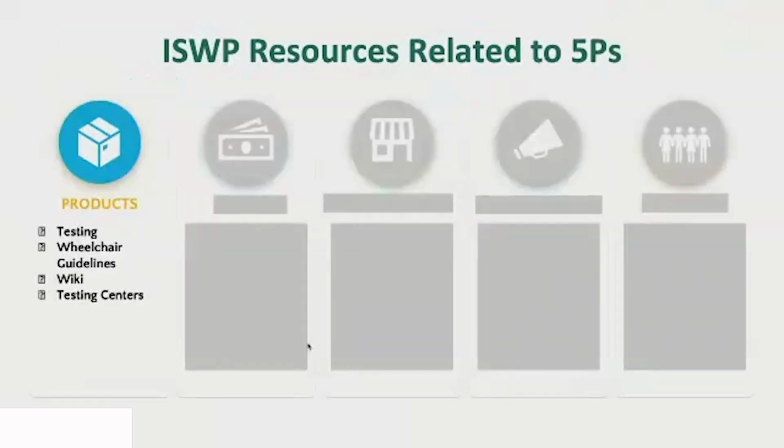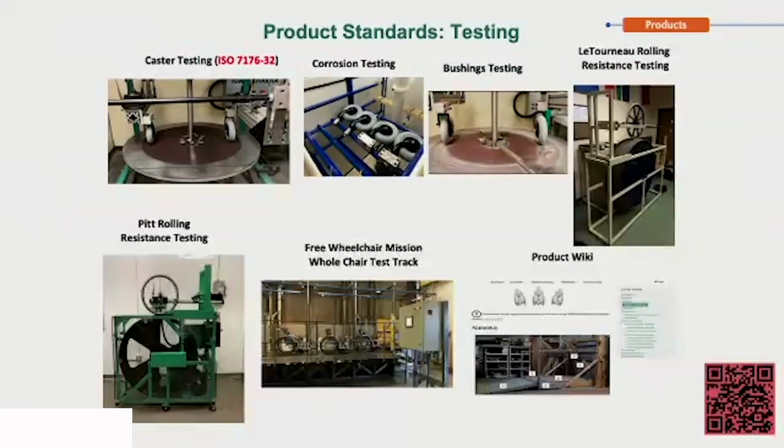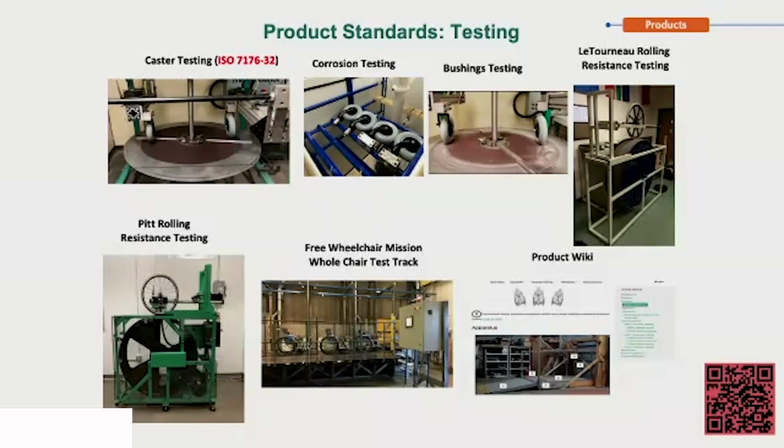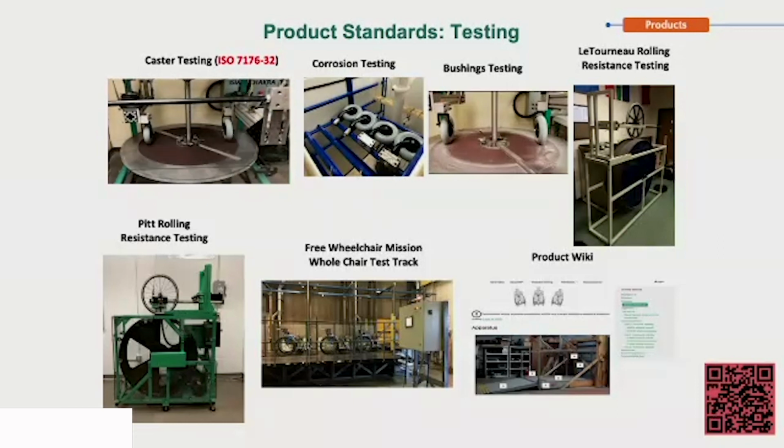So ISWP resources are all related and built upon these 5 Ps. Our first P, product, involves our product testing. Thankfully, with the USAID grant, we were given the opportunity to build a lot of product testing equipment at the University of Pittsburgh.